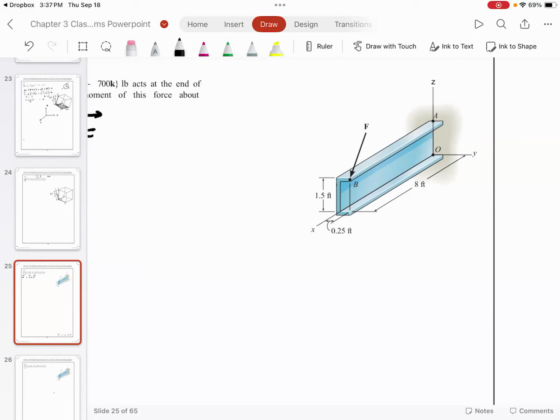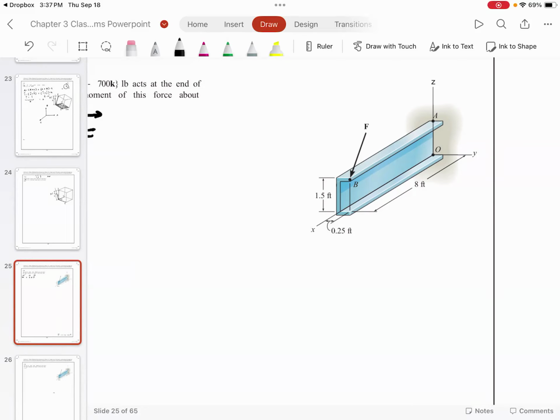A word of caution: if the problem is defined in a left hand coordinate system, ignore that coordinate system and define your own coordinate system. Otherwise, the problem will go wrong. If the coordinate system is not right hand, then assign a right hand coordinate system and solve the problem.